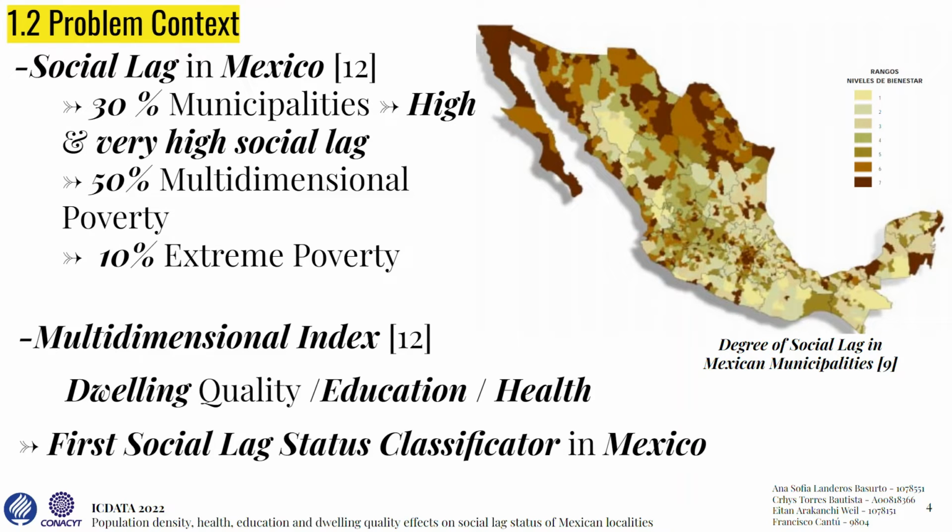The social lag index was proposed by Coneval as a multidimensional index which considered both economic and social aspects represented by 11 variables that contemplate education, health, and dwelling quality aspects complemented with population information at locality levels. And it was also one of the first social lag status classificators in Mexico.